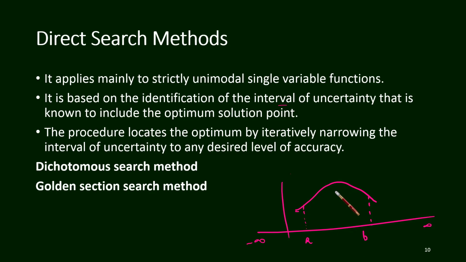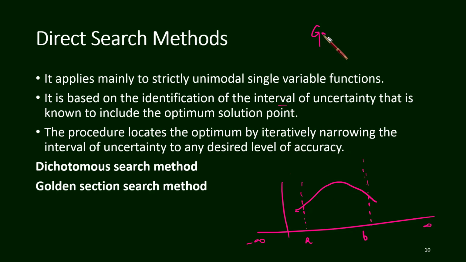So that is known as the interval of uncertainty. Now there should be a guarantee, you should be confirmed that obviously there is a peak value, or you can say maximum value, in between A and B. It should be confirmed. So how do we get this?